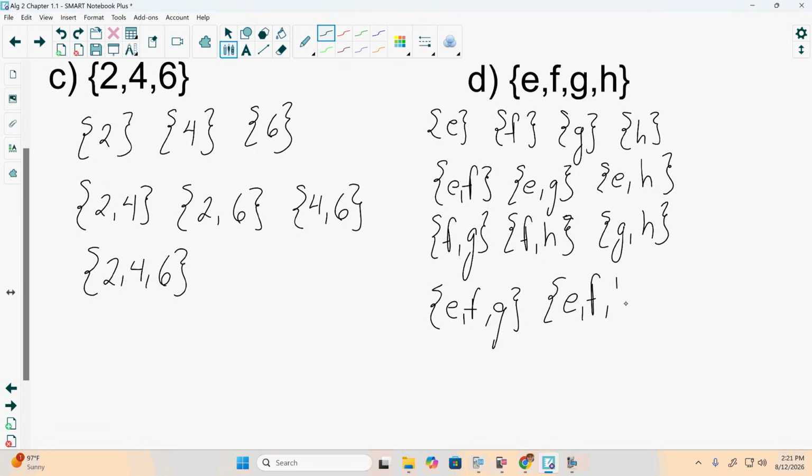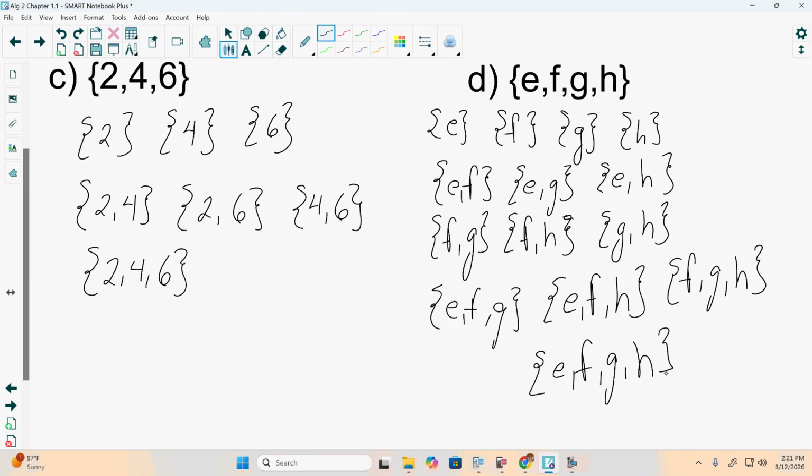EFH. So before I wrap this up real quick, the next one we can have, because that's everything with E, we can also have FGH. And we also have EFGH.